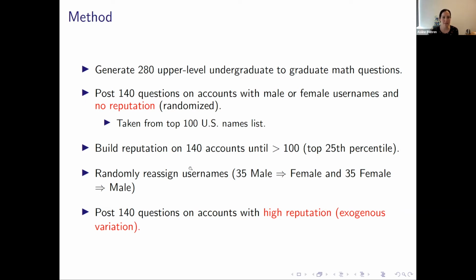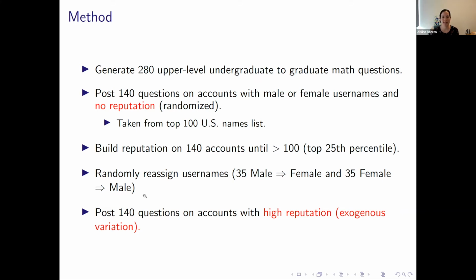But the site lets you randomly reassign usernames, and it changes. There's no publicly observable history of a prior username. So basically, you change the username, all the past posts now have this username, and there's no way you could figure out that the username changed. So what we did is we randomly reassigned the usernames. We did 35 male to female, 35 female to male.